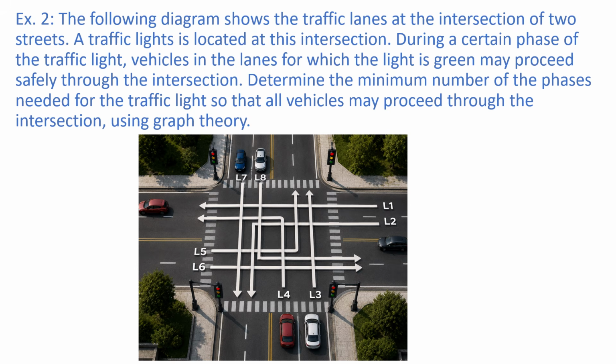That is, if two traffic movements intersect or interfere with each other, the corresponding vertices are connected by an edge. To ensure safe traffic flow, the adjacent vertices must receive different colors. So we are going to plot a graph according to the condition. Each color represents a separate traffic signal phase, allowing non-conflicting traffic movements to proceed simultaneously.